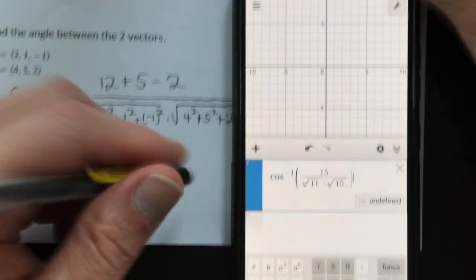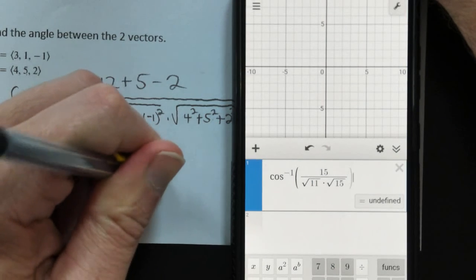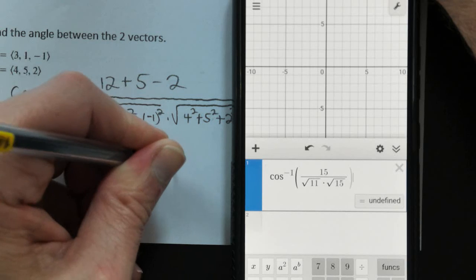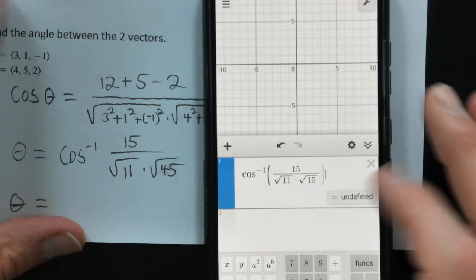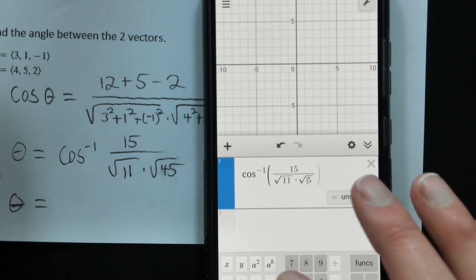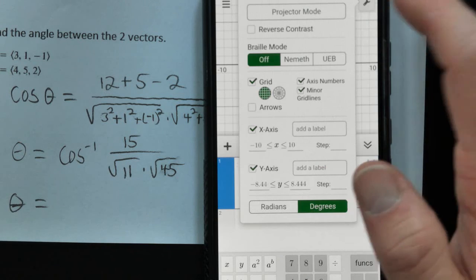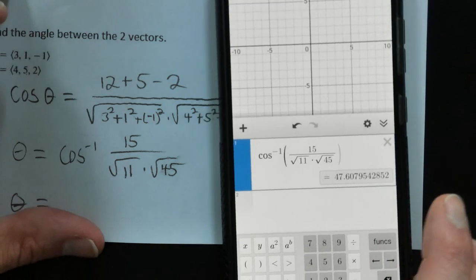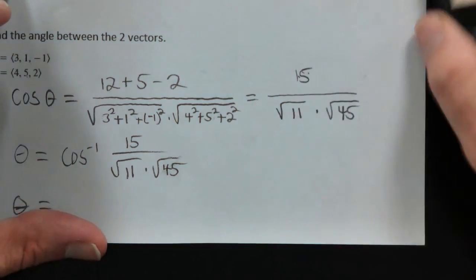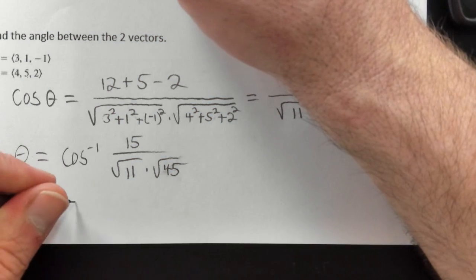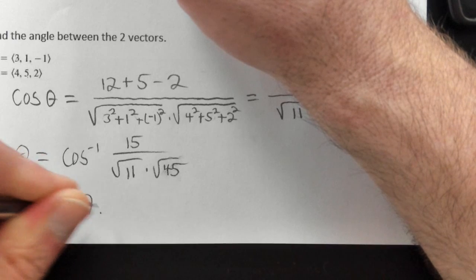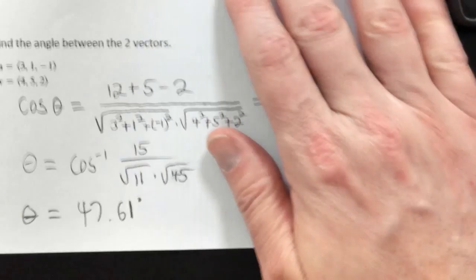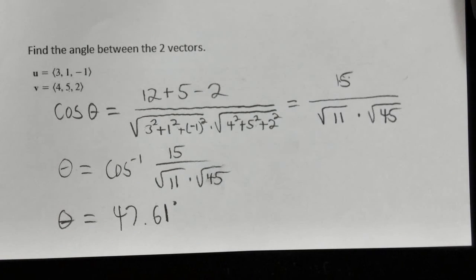It's 45. So I copied that down wrong, and I'm going to change that here. And once again, we need to make sure that we are in degrees, so double check that because that'll throw you off too if you're not. And so 47.61 is the angle. 47.61 degrees. All right. That's it.